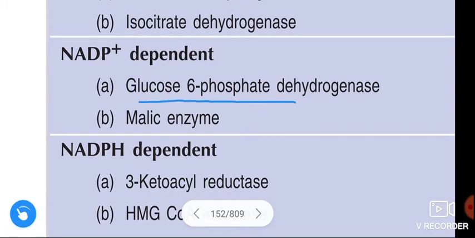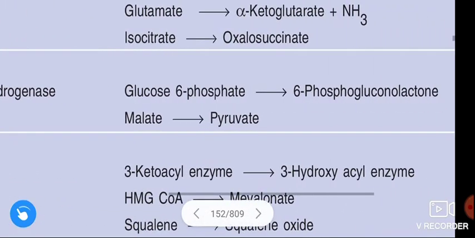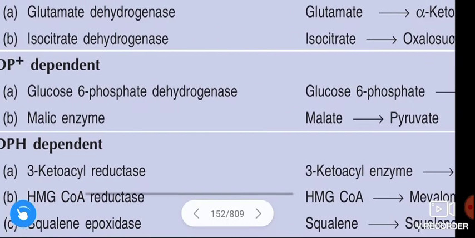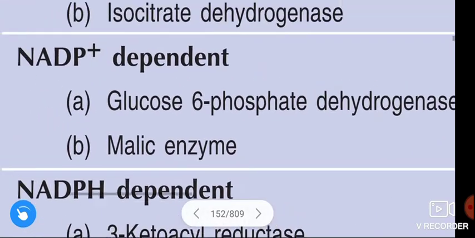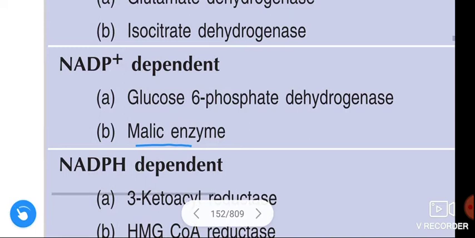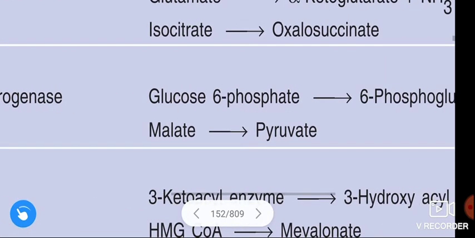Glucose 6-phosphate dehydrogenase helps in conversion of glucose 6-phosphate to 6-phosphogluconolactone. Next enzyme is malic enzyme. Malic enzyme helps in conversion of malate to pyruvate.